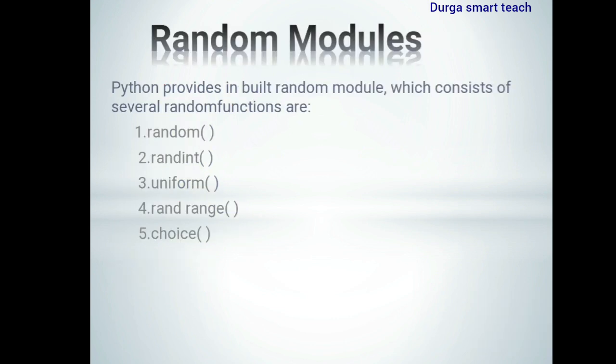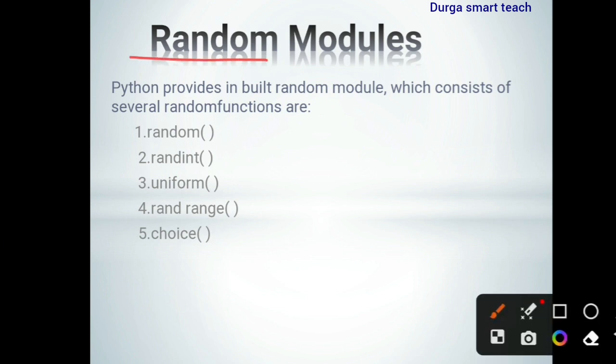The next one is the random module. First of all, what is random? Random is nothing but an unpredictable number. Anything we didn't predict, which is not predictable, those numbers are known as random.